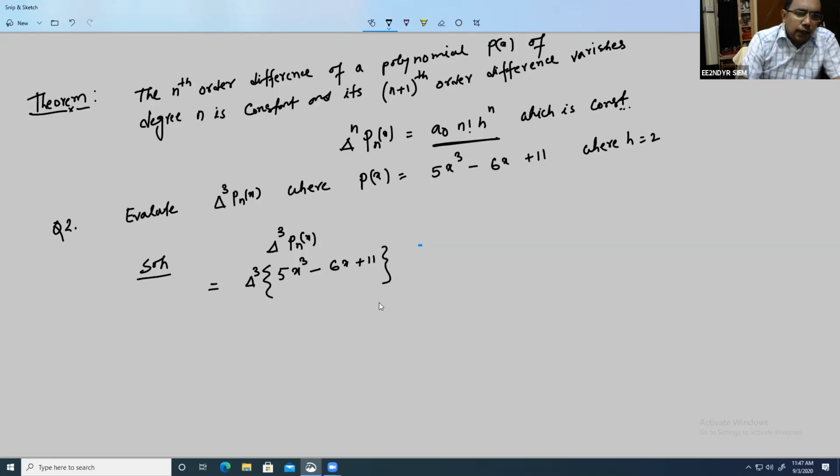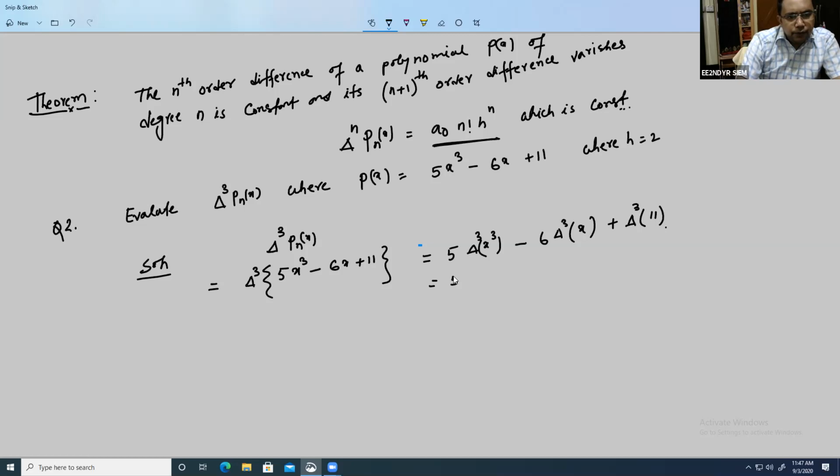Now I will use the formula for each term. First of all, 5 is a constant, so it stays as 5 del cube x cube. Clear? 6 is again a constant, so minus 6 del cube x, plus del cube 11.